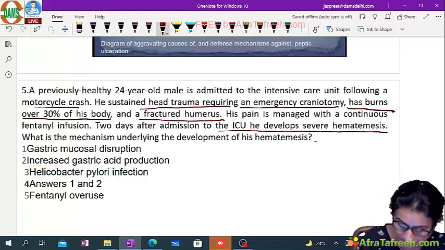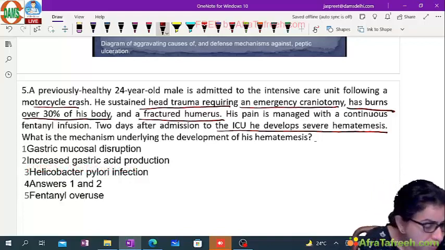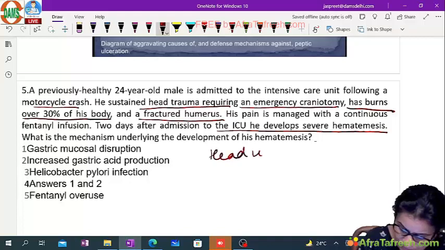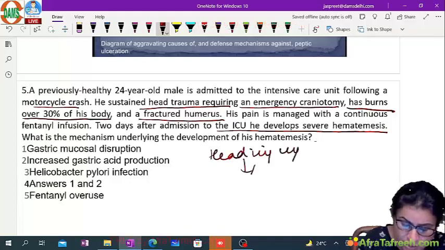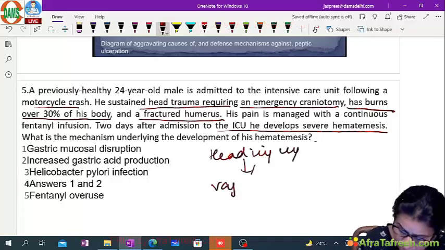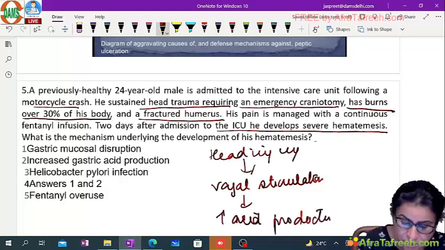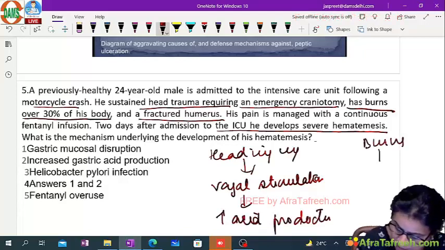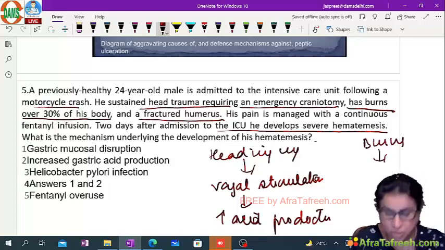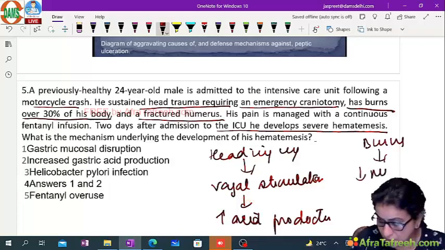So here now, number 1, because of head injury, this leads to vagal stimulation and increased gastric acid production. Okay, and plus now there are burns. In burns, there is hypovolemia, so decreased mucosal blood flow.